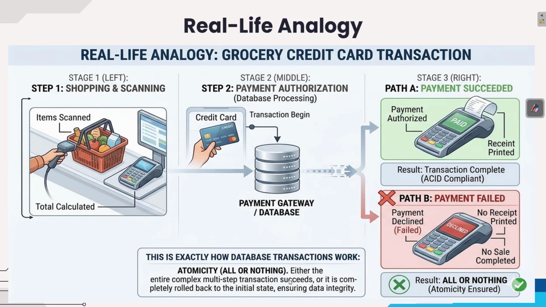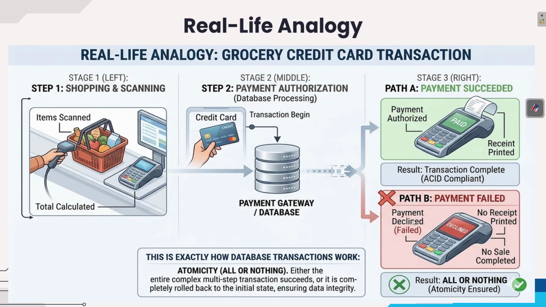Here is a real-life analogy. You go to the store and scan the items, and the total is calculated. You use the credit card, and there are two possibilities. One possibility is the transaction succeeds: if payment succeeds, you get the slip and the inventory is updated. The second possibility is payment fails, so you don't get the receipt and inventory is not updated. No sale is completed, right?